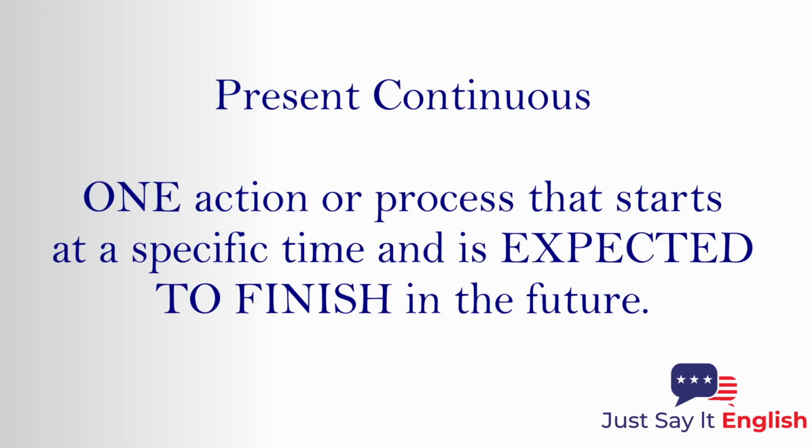Present continuous is one action or process that starts at a specific time and is expected to finish in the future. What does this mean? This means that one action or one process is very important. We have a time where we started something and we expect to finish it in the future.